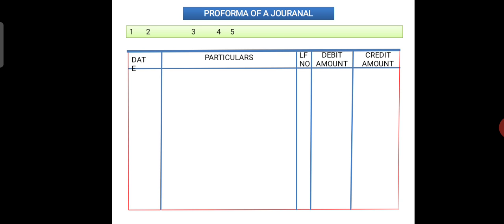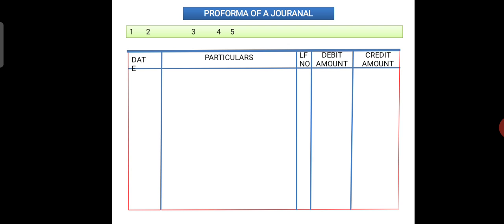The first column is meant for recording the date and year, the second column is meant for particulars, recording the business transaction entry, the third column is meant for ledger folio number, the fourth column is meant for debit amount, and the fifth column is meant for credit amount.